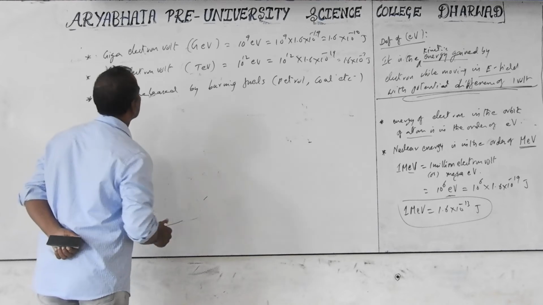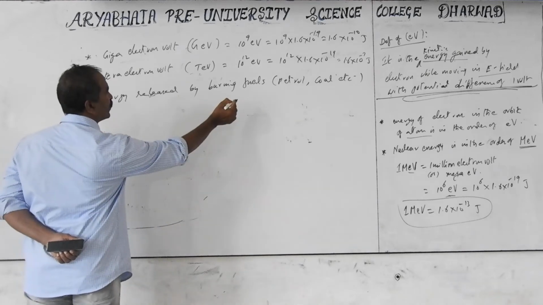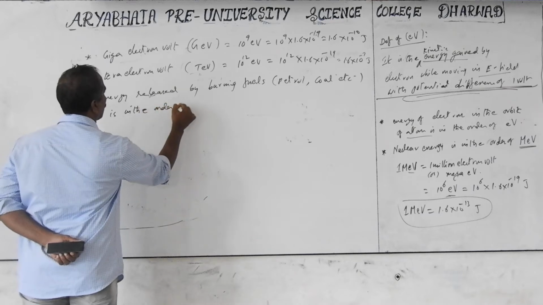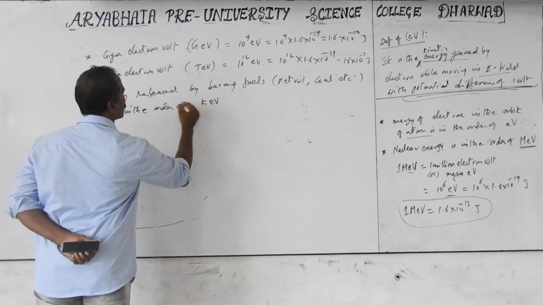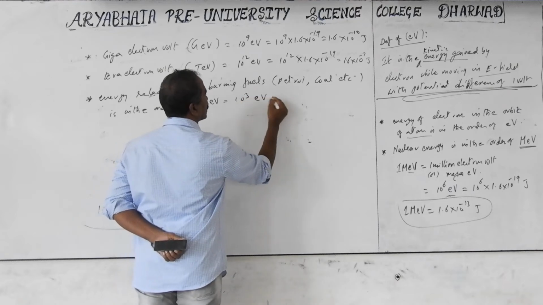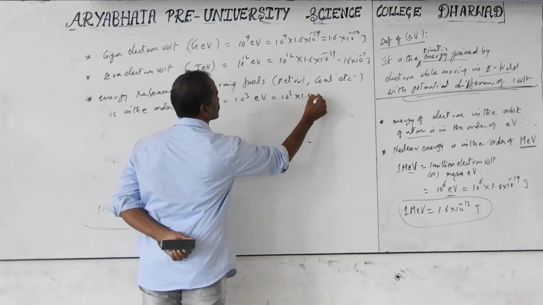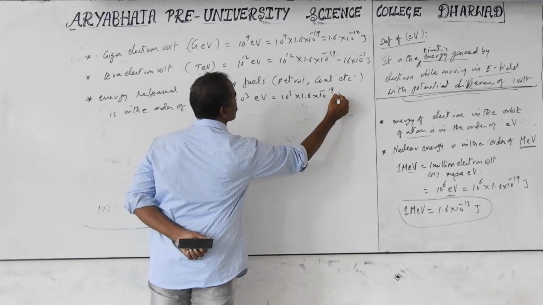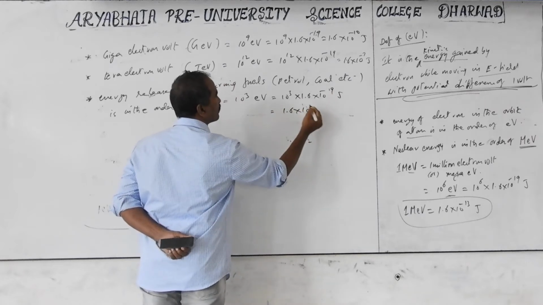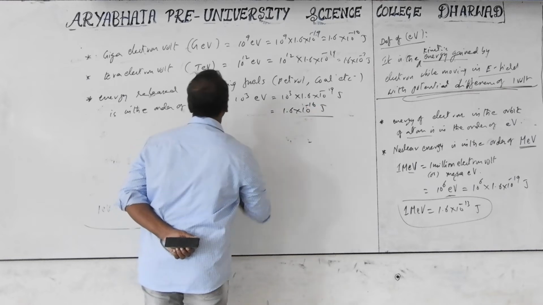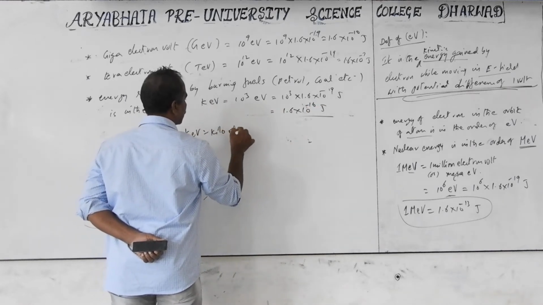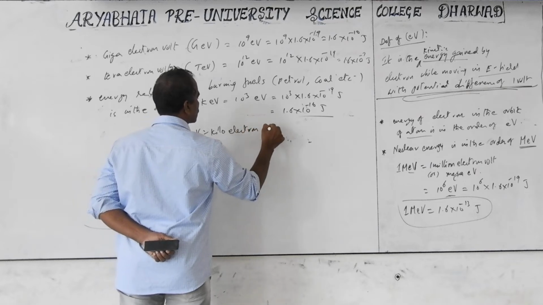But the real conversion: energy released by burning fuels is in the order of kilo electron volts, 10 to the power of 3 electron volts. 10 to the power of 3 into 1.6 into 10 to the power of minus 19 joules equals 1.6 into 10 to the power of minus 16 joules. Here keV means kilo electron volts.